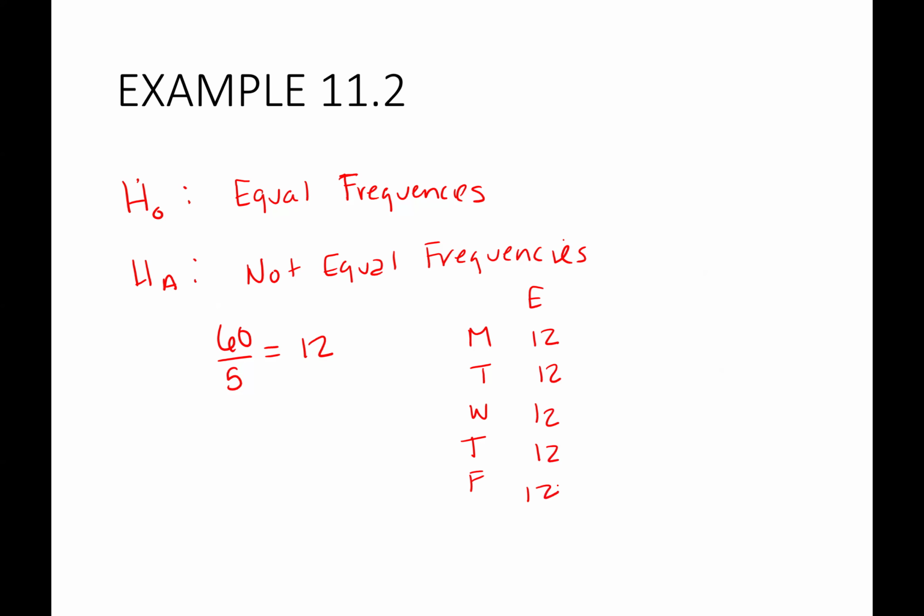What we actually observe is on Monday 15, on Tuesday 12, on Wednesday 9, on Thursday 9, and on Friday 15. So we can calculate the chi-squared residual if we want.